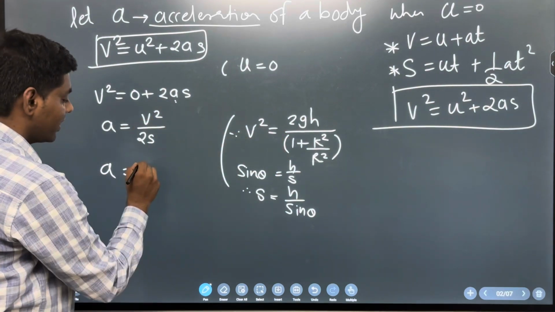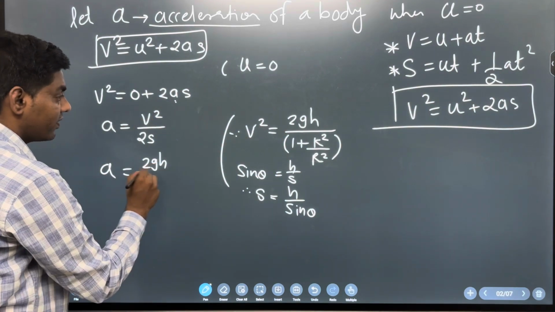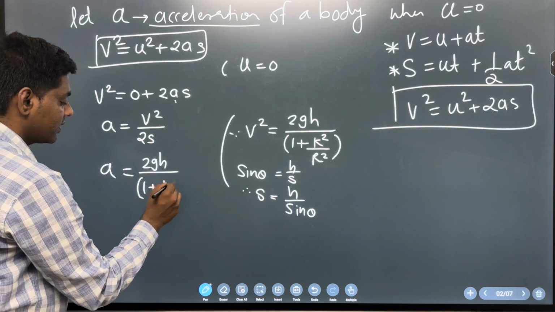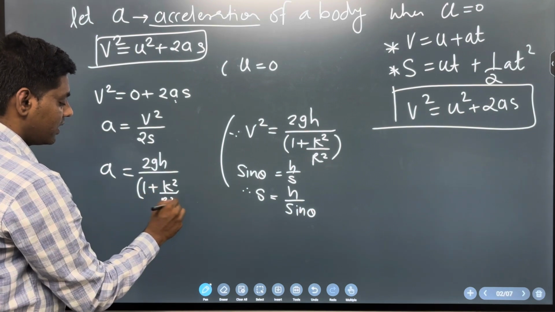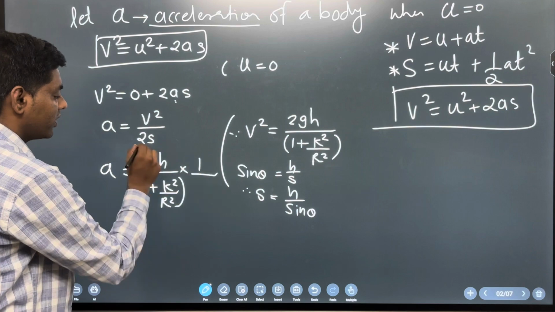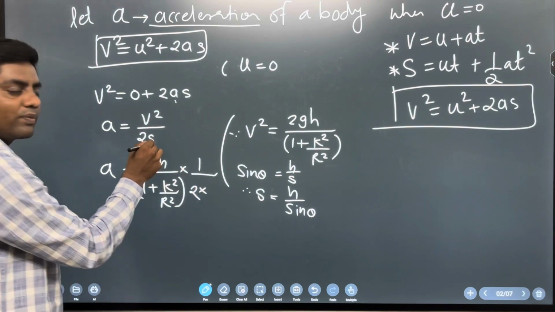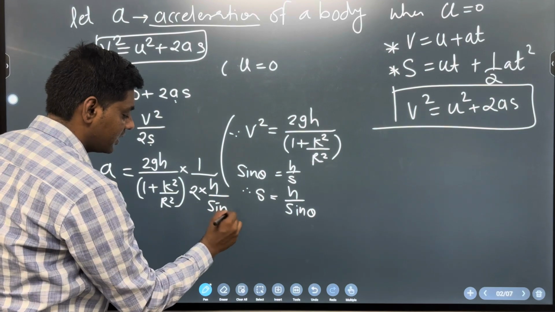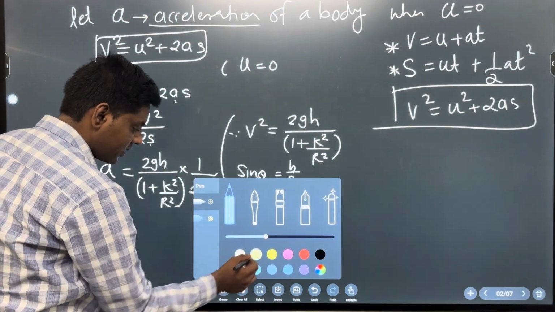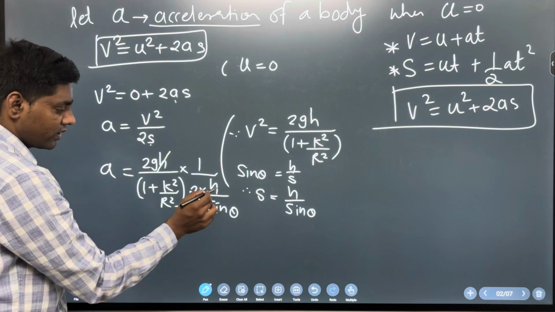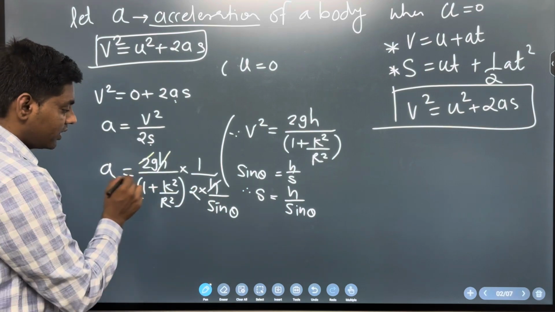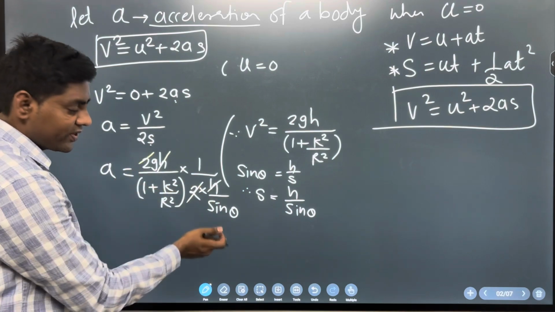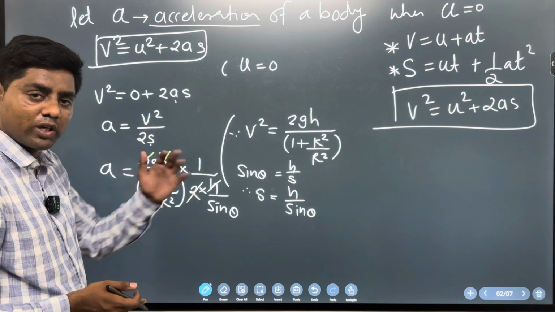What is the value of v square? 2gh divided by (1 plus k square divided by r square) into 1 upon 2 times s, and s we calculated as h divided by sin theta. So quickly tell me what the answer will be. Very simple. h gets cancelled, 2 gets cancelled again, and 1 upon sin theta, so the denominator goes to the numerator.